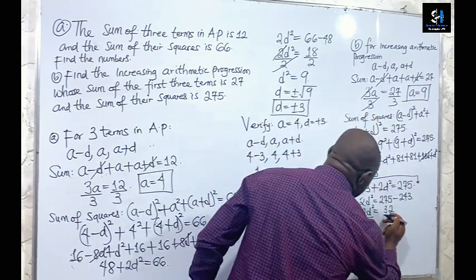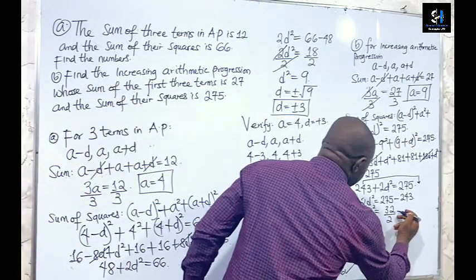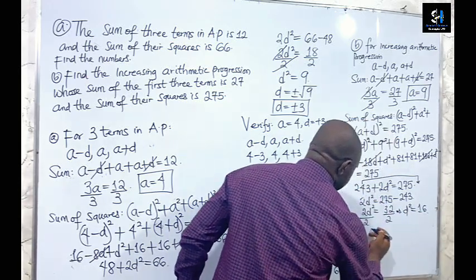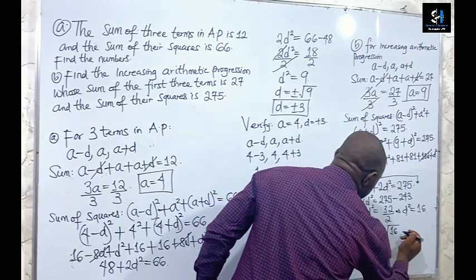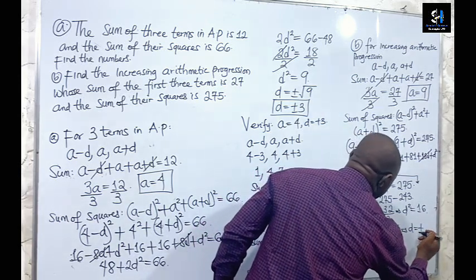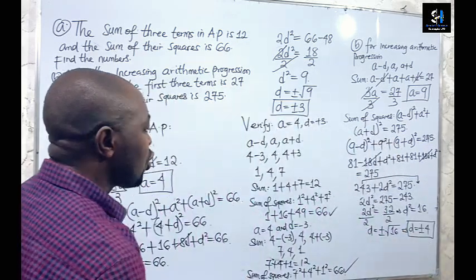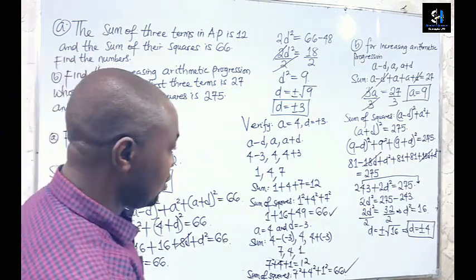Dividing both sides by 2, we then have d squared equal to 16. So d will be plus or minus the square root of 16. Then the value of d will be plus or minus 4. So the common difference is plus 4 or minus 4.